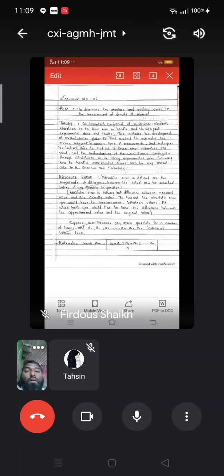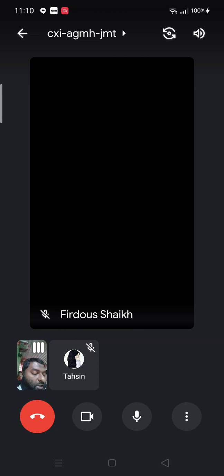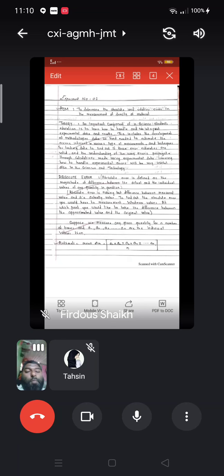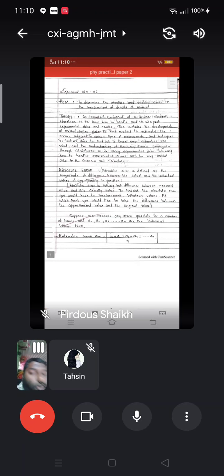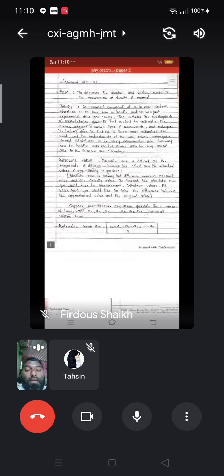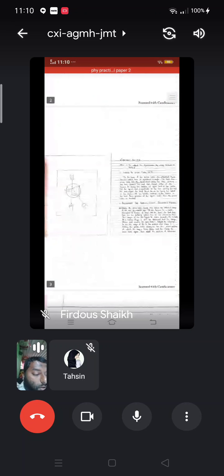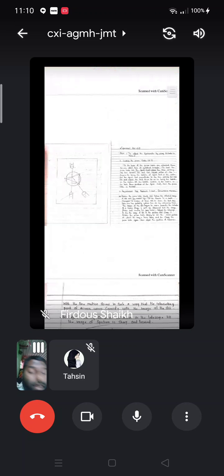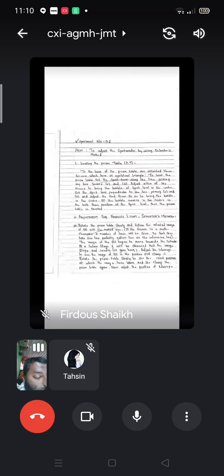See, you have the paper 2, physics paper 2. We have to see the experiments for paper 2. Experiment number 1 is to determine the absolute and relative error in the measurement of the density. Then the second experiment is to adjust the spectrometer by using Schuster's method that you have to see.